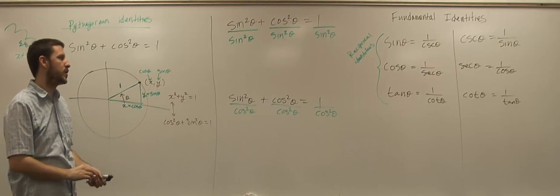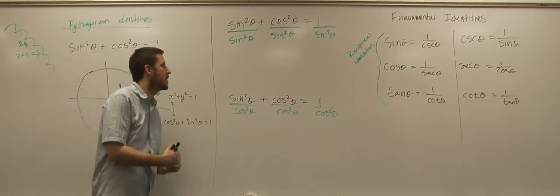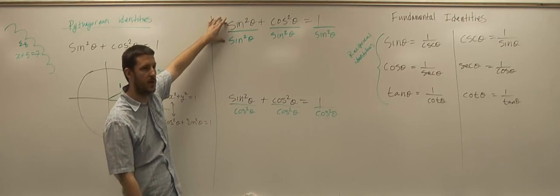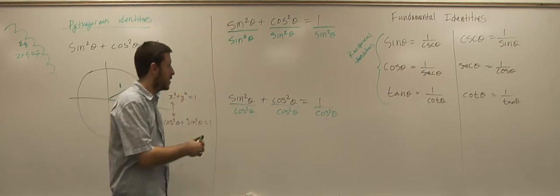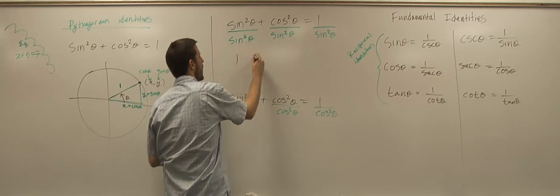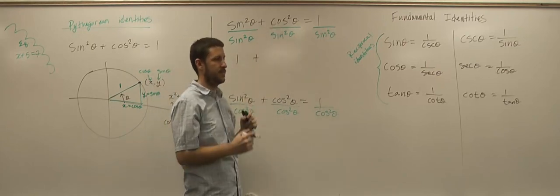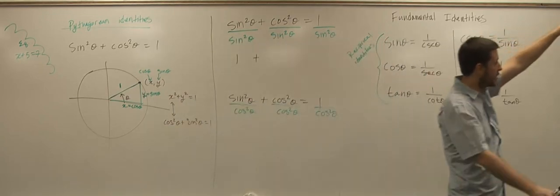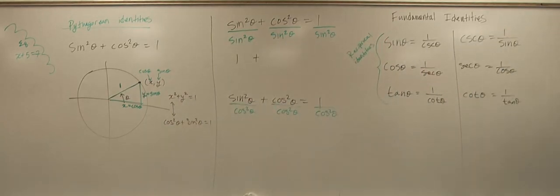So ignore the squareds for a second. What's sine over sine? 1. Or sine squared over sine squared, it's still 1. So this tells me that 1 plus, what's cosine over sine? Right up there in the box, right? Cosine over sine is cotangent, according to my quotient identity.